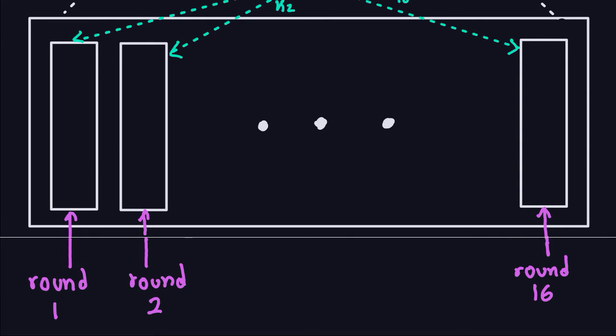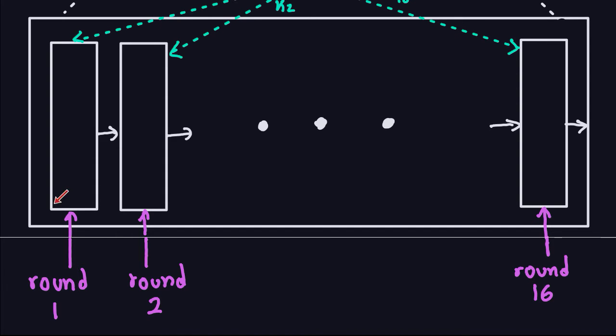So you start with the first round, then you go to the second round, then the third round, until finally you get to the last one, the 16th round. After this, this arrow comes out to the initial permutation inverse. What happens in each round, this one, the third one, the fourth one, and so on until the last one, is confusion and diffusion, the one we talked about earlier.